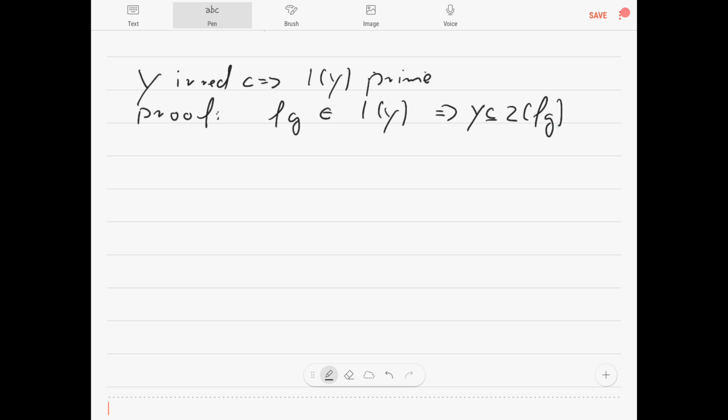But the zero set of F times G is the same as the zero set of F union the zero set of G.